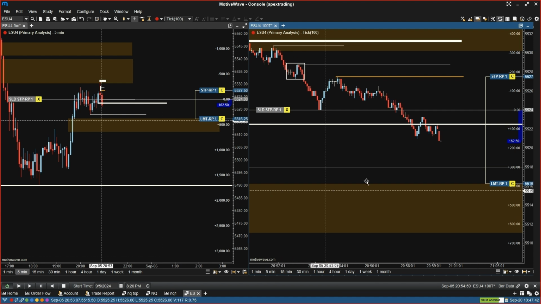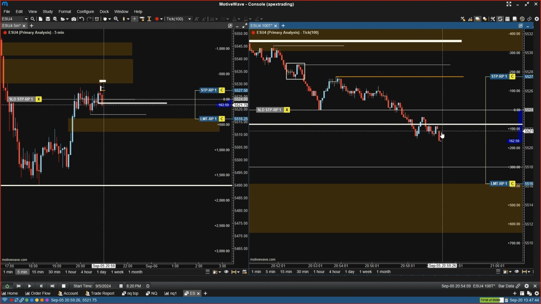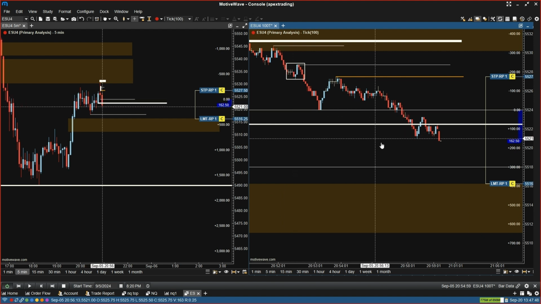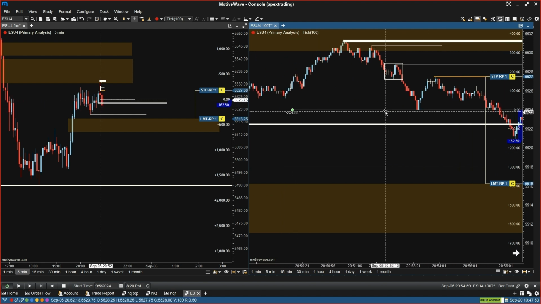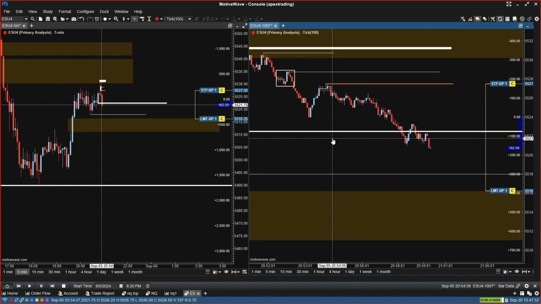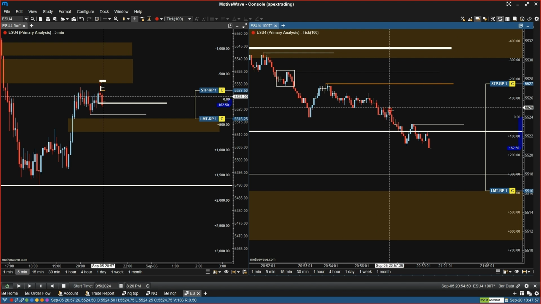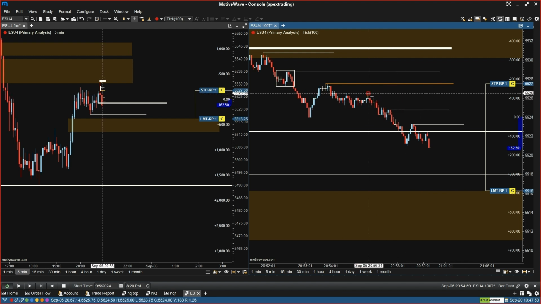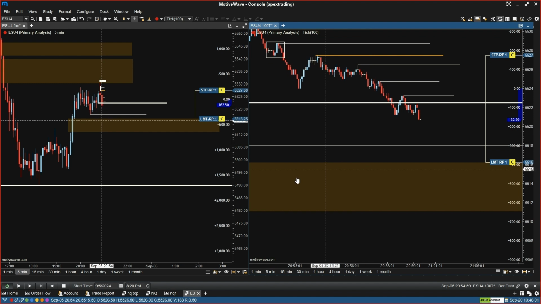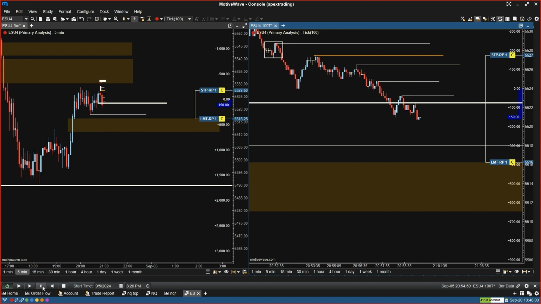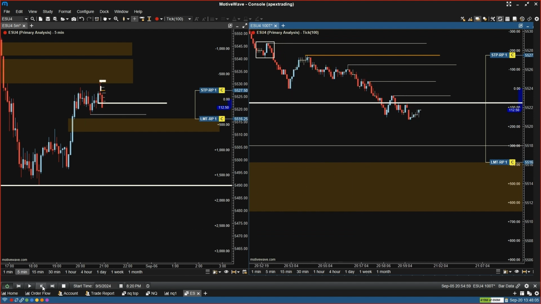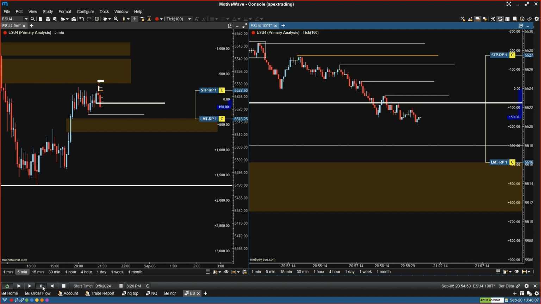So price is still making structure. Lower low structure, right? It's not making a bullish structure there.